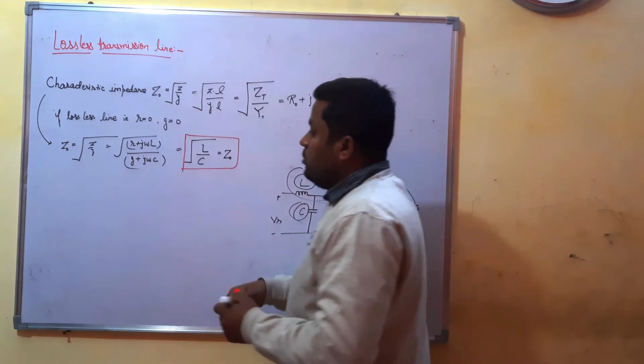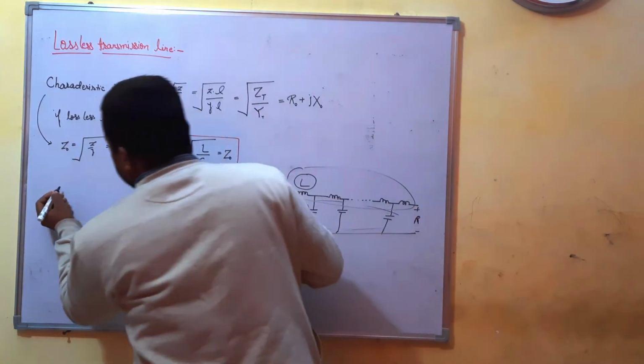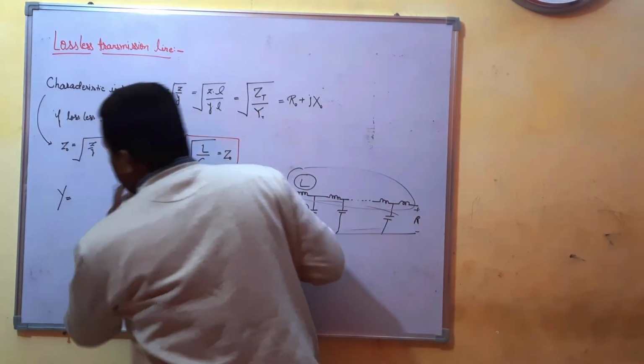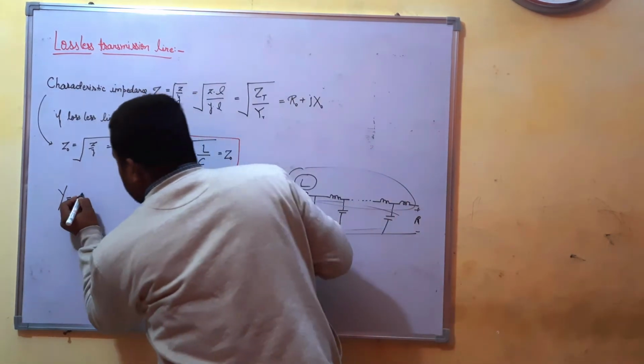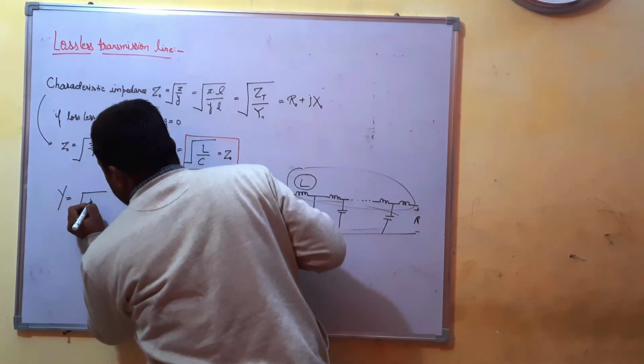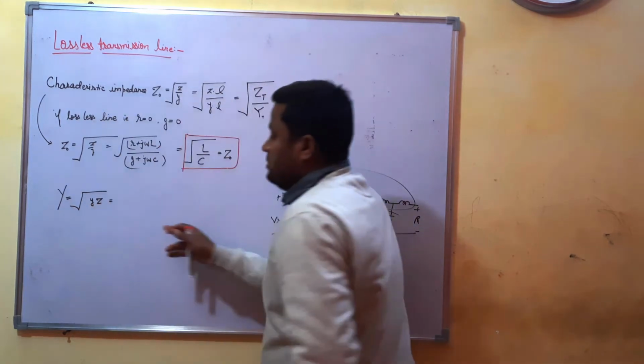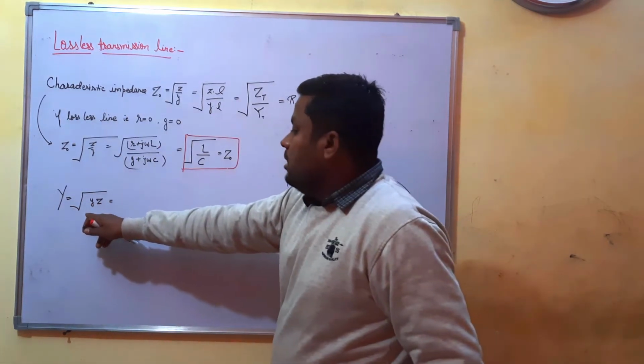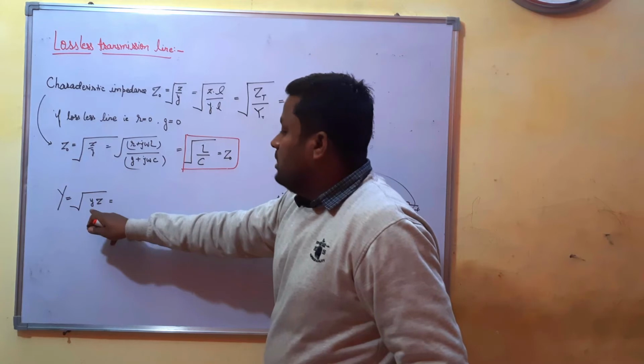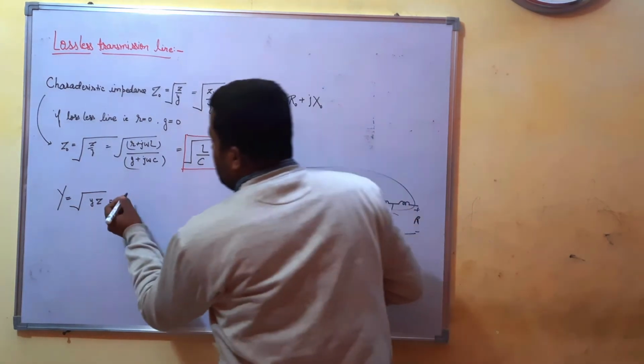Now we move to our second constant, called the propagation constant, gamma. What will be gamma? As we know, gamma is the square root of y into z, where y is the shunt admittance per unit length and z is the series impedance per unit length.